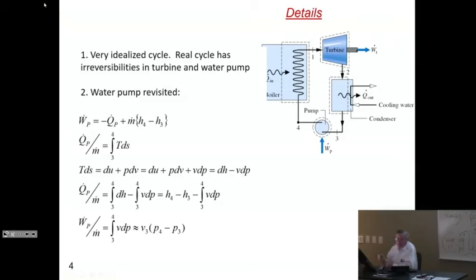All right, well, let's start with the water pump. I told you when we talked in chapter 4 about pumps, or when we talked in chapter 3 about internal energies and enthalpies of incompressible fluids, that most of the time the enthalpy of the incompressible fluid at pressure and temperature is not very pressure dependent.